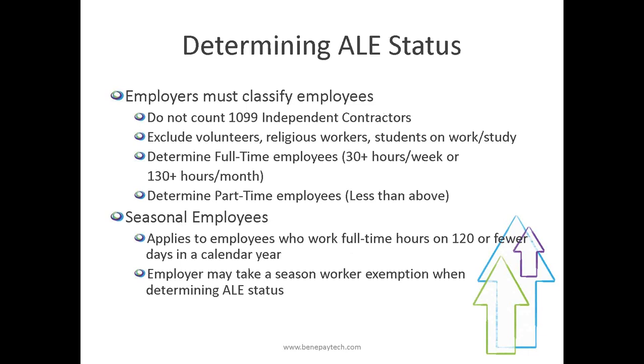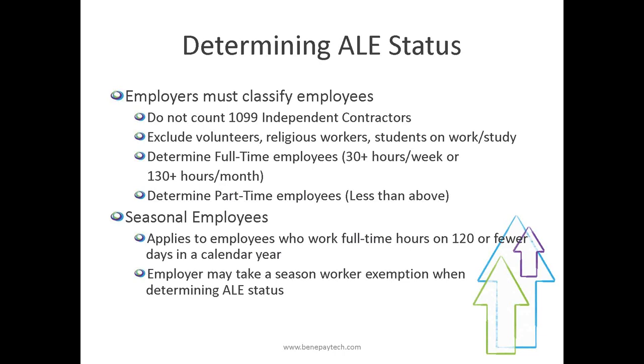The first step in determining your ALE status is to classify your employees. Now, 1099 independent contractors are not counted as employees. You'll also exclude volunteers, religious workers, and students that are on work study. You'll need to determine full-time employees, or employees that work at least 30 hours on average per week or 130 hours per month.